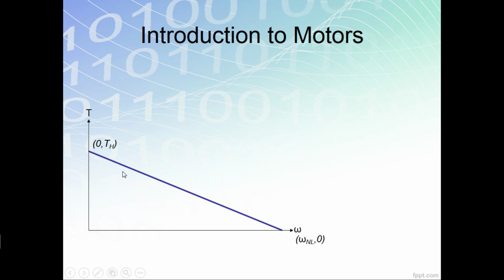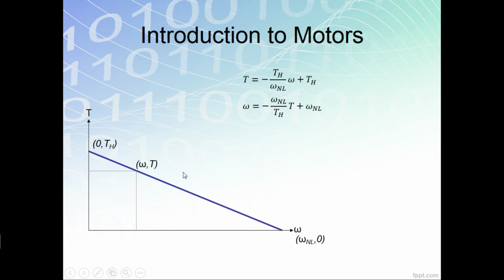By using the point-slope form, we should be able to determine the equation of this line. So this equation represents each and every point on this line.